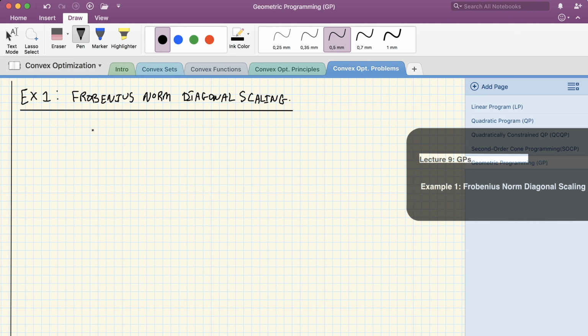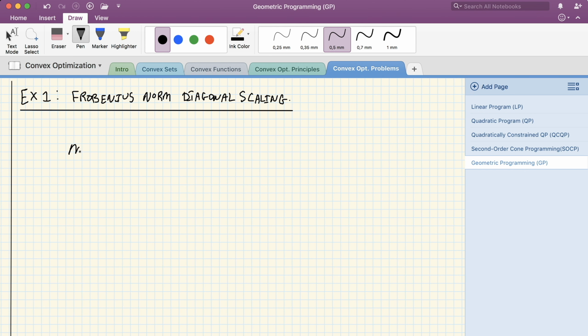Let's say I've got a Frobenius norm diagonal scaling problem, which is: I've got a matrix M, which is square, dimensions n, and this matrix is associated with a linear function that maps a vector onto another. So let's say I've got a vector x in R^n, and a linear mapping would be to multiply M by x to produce y, right?